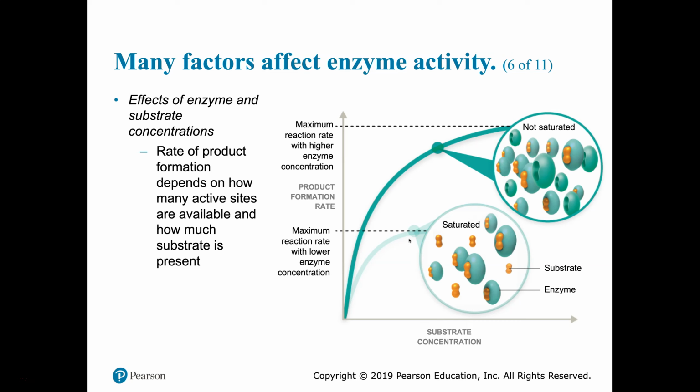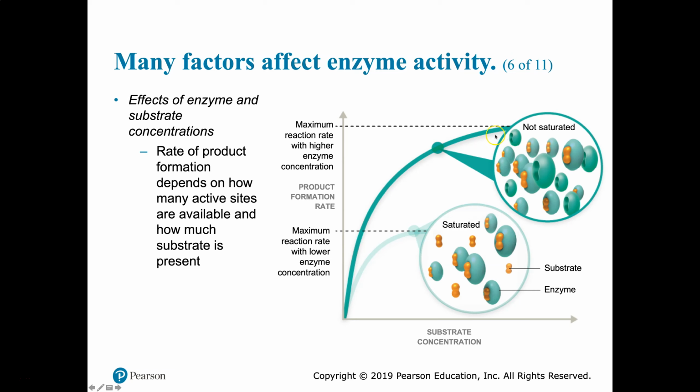So this is showing us, this top one, that there's a lot of extra enzymes and they are not full with substrate, meaning there's not a ton of substrate and there are still some enzymes that are just not being utilized.